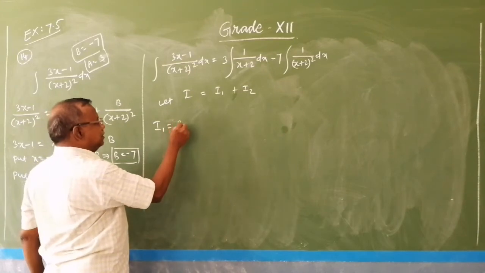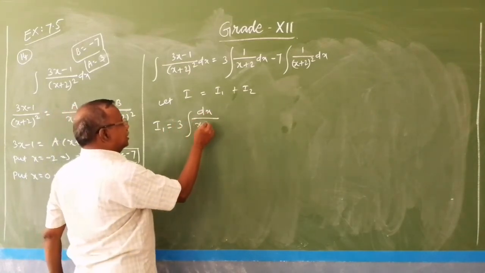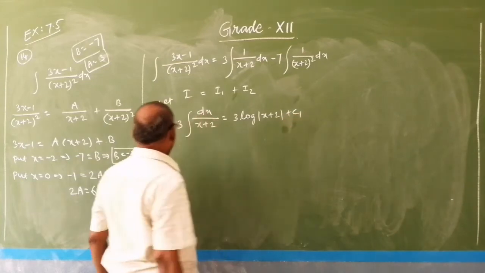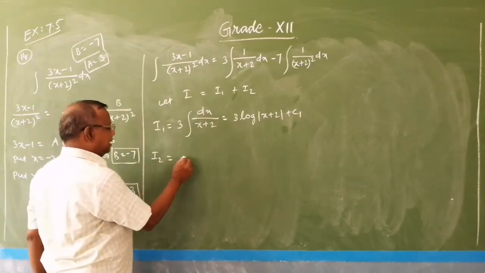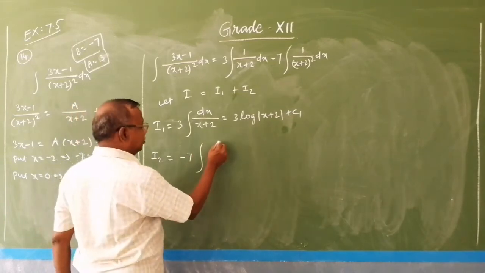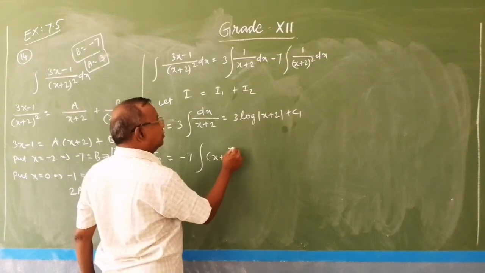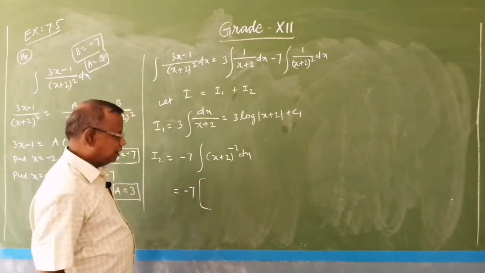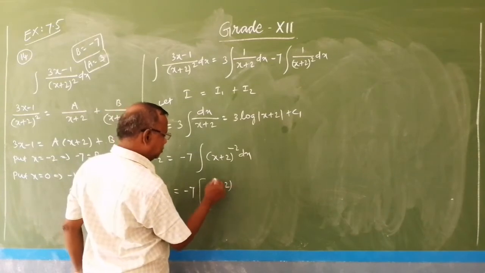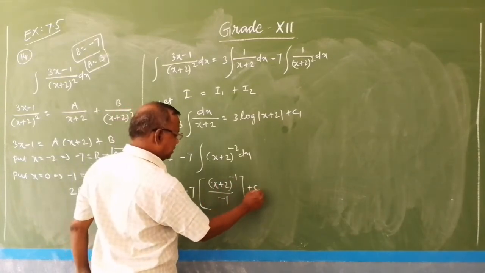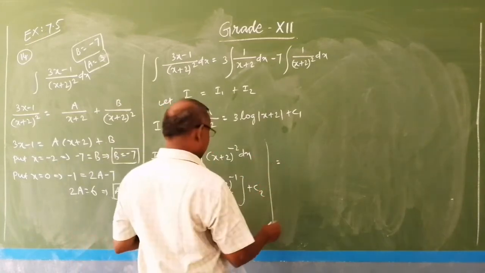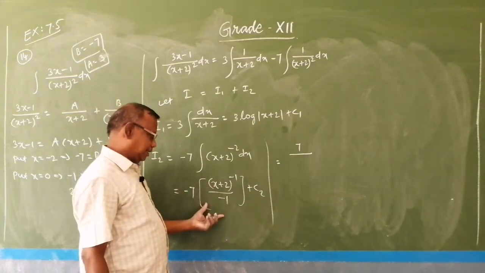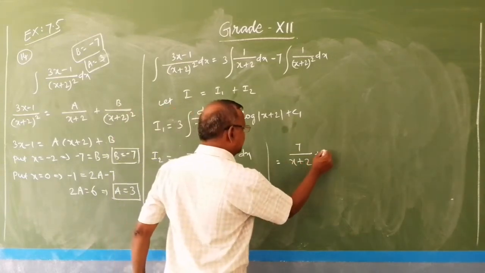Now I1 equal to 3 into integral dx by (x plus 2), which is equal to 3 log of modulus of (x plus 2) plus c1, and I2 equal to minus 7 into integral, we can write the numerator (x plus 2) whole power minus 2 into dx, which is equal to minus 7 into, so x power n plus 1 divided by n plus 1, this is (x plus 2) whole power minus 1 divided by minus 1 plus c2, which is equal to 7 divided by (x plus 2) plus c2, since minus into minus is plus and the 7 can be brought to the denominator.